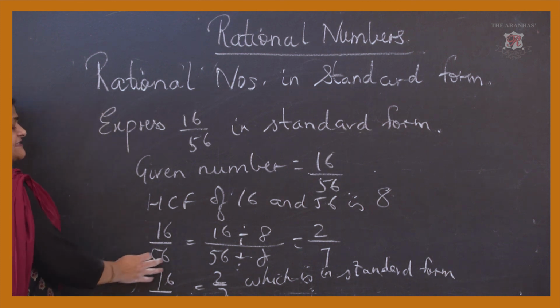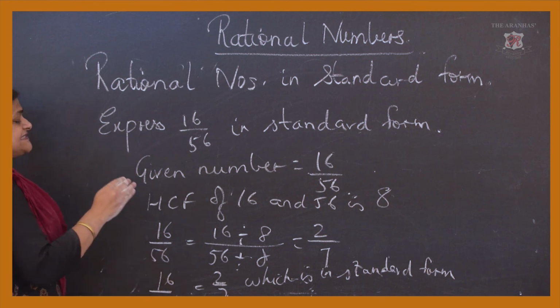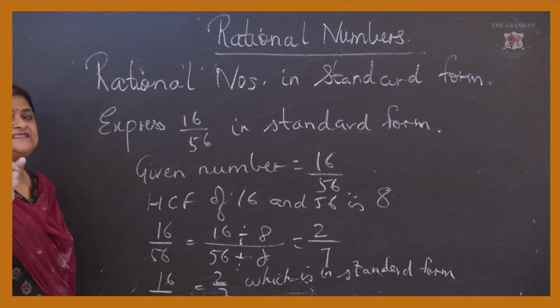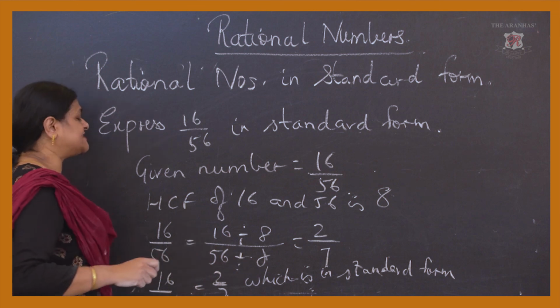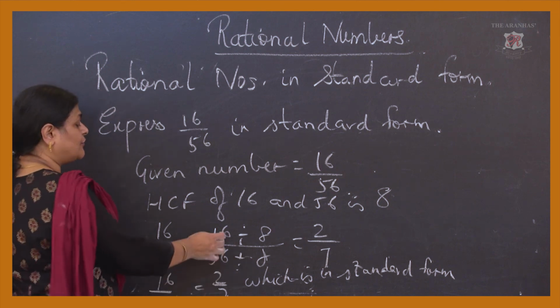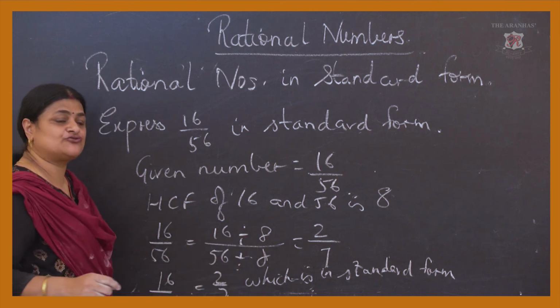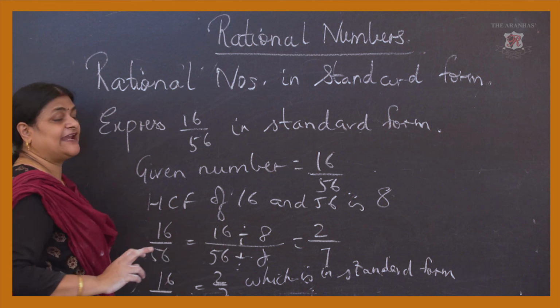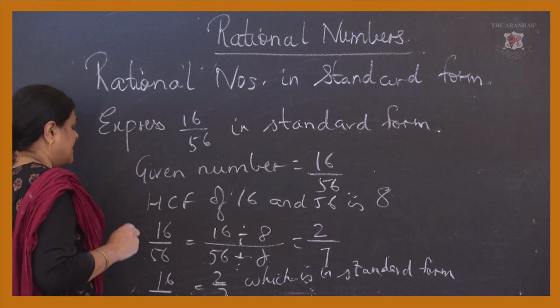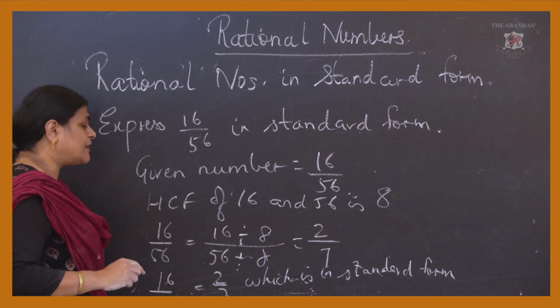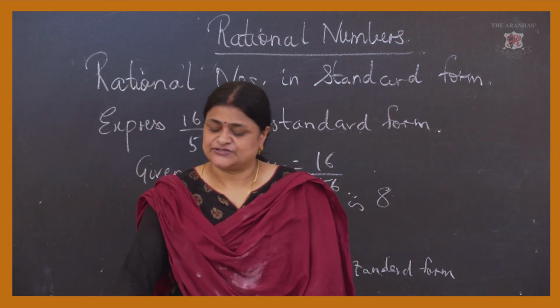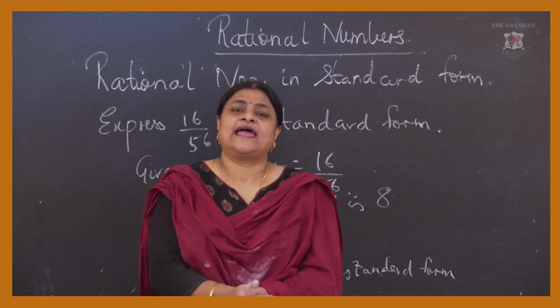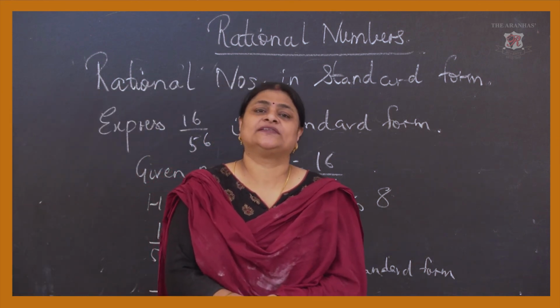So 16 upon 56 is equal to 16 divided by 8 upon 56 divided by 8, which gives you 2 upon 7. So 16 upon 56 is equal to 2 upon 7, which is in the standard form. So students, I'll stop over here and I'll continue with the next session. Thank you so much.